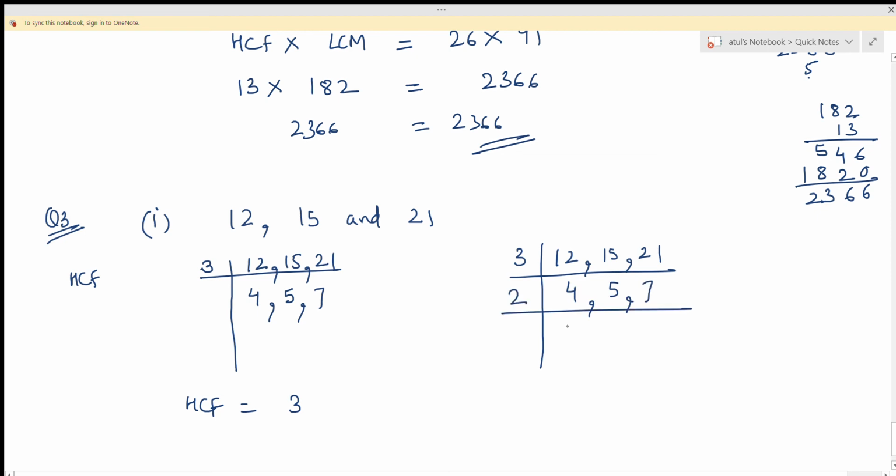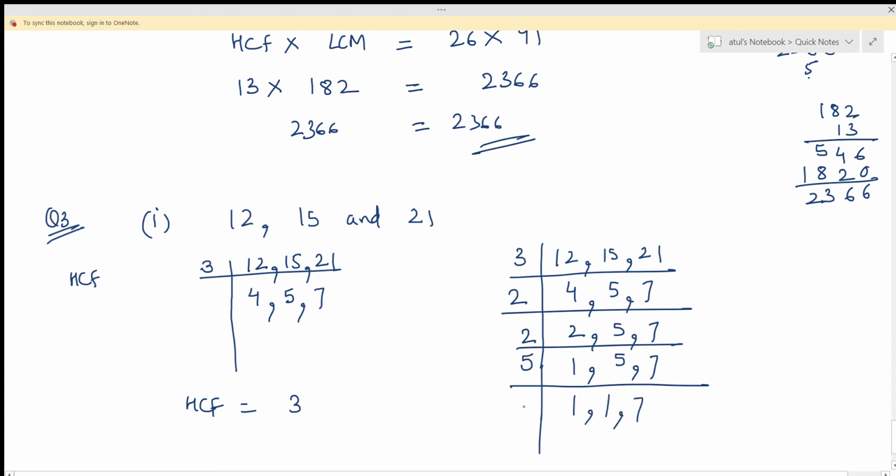Then I can use 2, 2, 5, 7, 2, 1, 5, 7. Do not use 4 directly, because you have to do prime factorization. Prime factorization means that you have to use a prime number only. Then 5, 1, 1, 7 and then 7 again, 1, 1, 1.